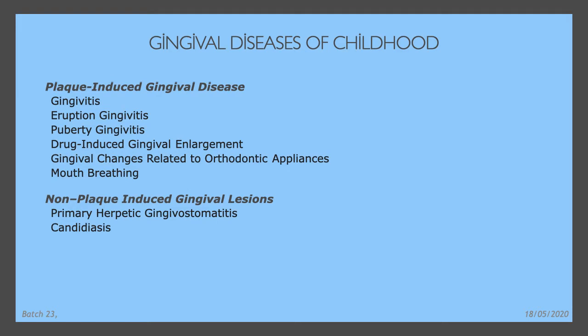The plaque induced gingival diseases are gingivitis, eruption gingivitis, puberty gingivitis, drug induced gingival enlargement, and gingival changes related to orthodontic appliances or due to mouth breathing habit. Most frequently, it will be only gingivitis. The non-plaque induced gingival lesions are primary herpetic gingivostomatitis and candidiasis, which are not common.